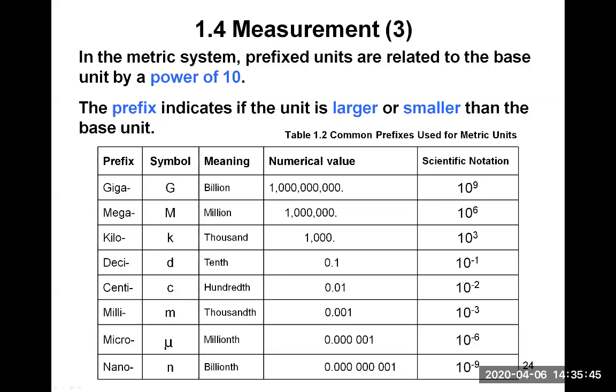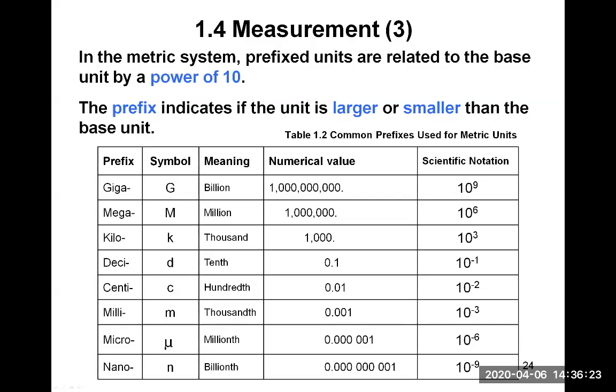There are prefixes that will increase the size of the base unit, like kilo, mega, and giga. The kilo will increase it to 1,000 times the size of the basic unit. Mega is 10 to the 6 in scientific notation. And giga is 10 to the 9 in scientific notation.